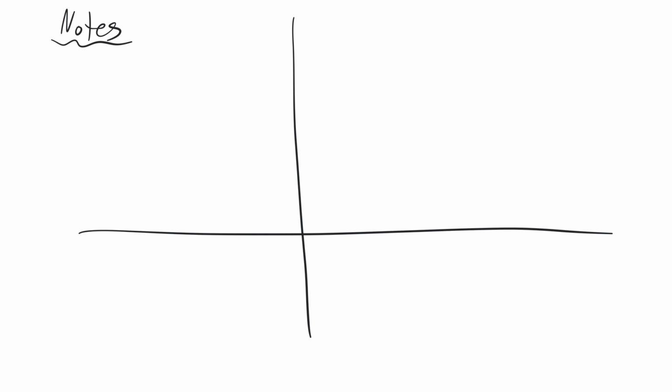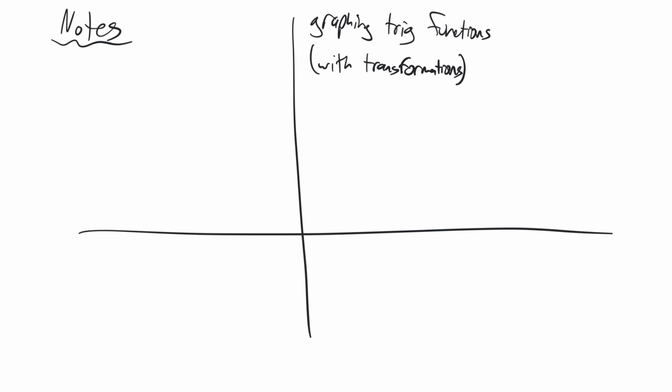All right, just in terms of the notes on this section, again, it's kind of like what we've been working on, just graphing trig functions, but now we have just more transformations. So with transformations, and technically here we have all the transformations.